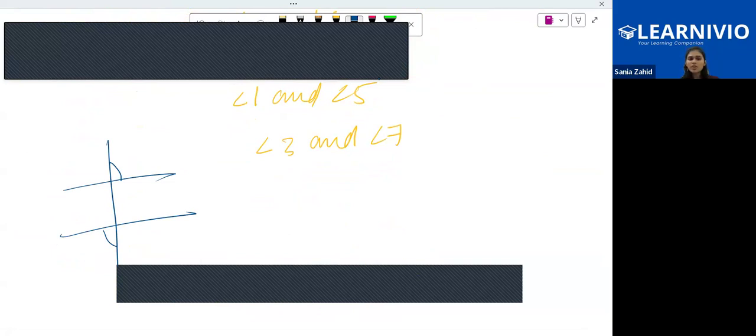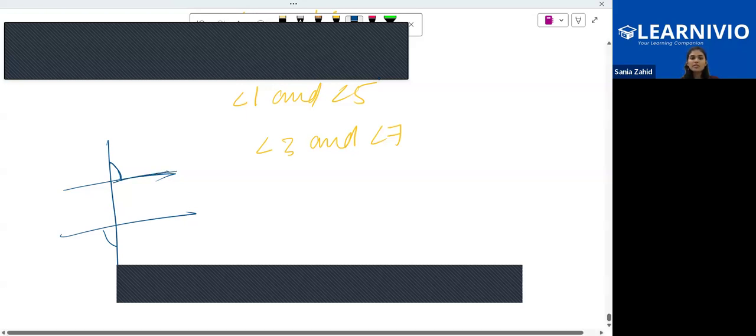Now check, are they vertically opposite? No, they are not. Vertically opposite is when one angle is here and the other is over here. So are they alternate exterior angles? Try to form a Z. When I form a Z, these angles are lying on the Z. That means, yes, they are alternate exterior angles.